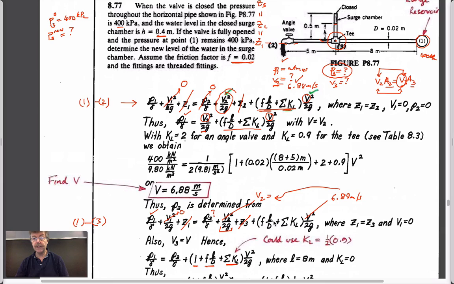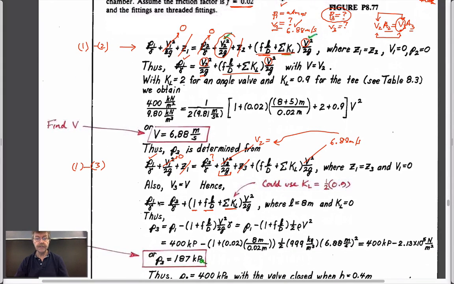So originally the length over diameter, the length was equal to 8 plus 5 meters, which is 13. Now, since we're going from here to here, the length is going to be equal to 8, and the diameter is still equal to 0.02.